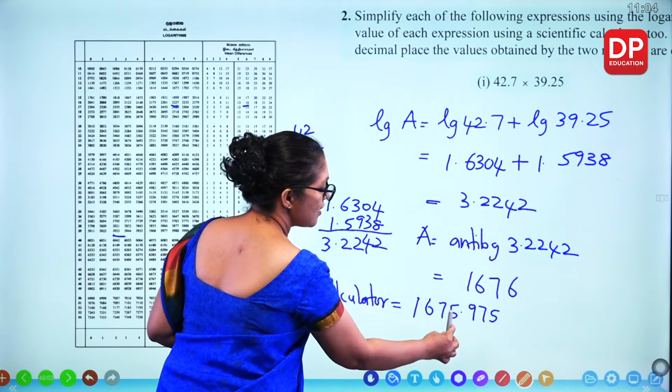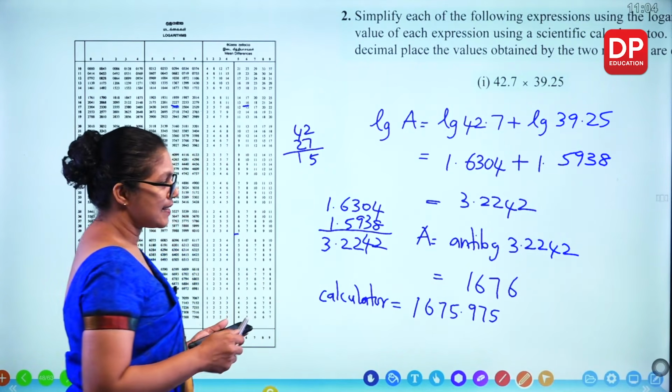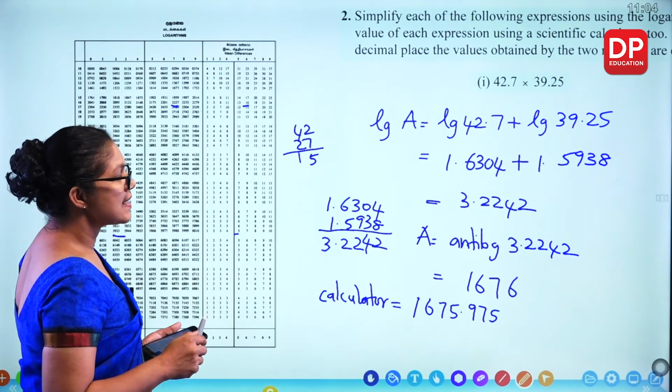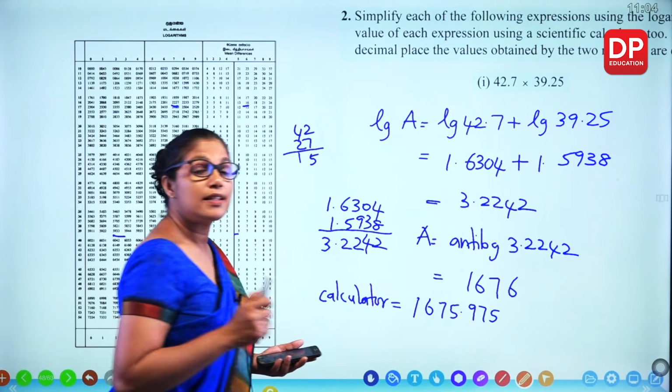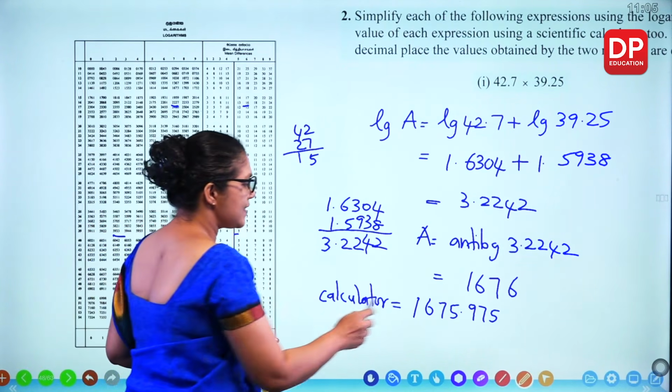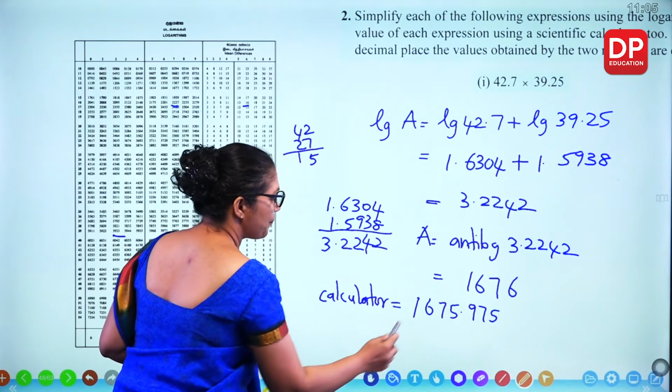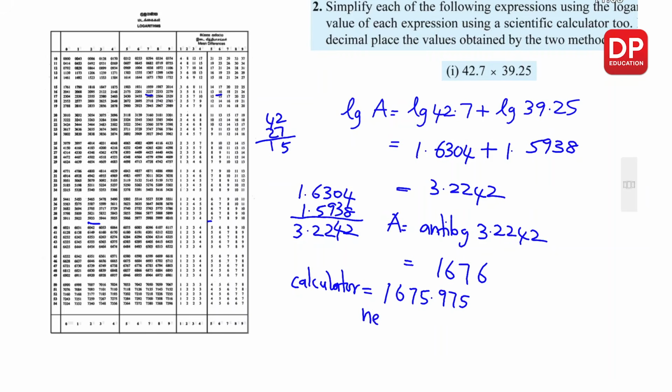When you take it to the units place, you get 1676. So, to the nearest units place, the values are equal.